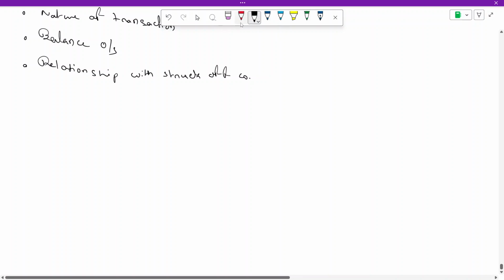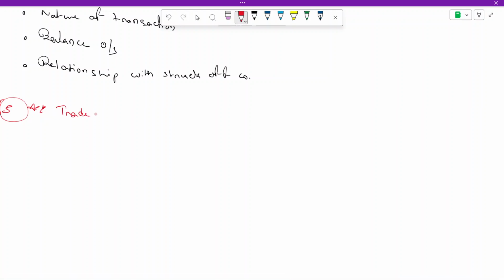Now the last part is newly included, so it is an important part. Trade or investment in cryptocurrency during the financial year.